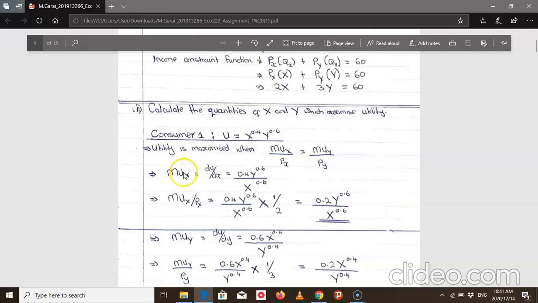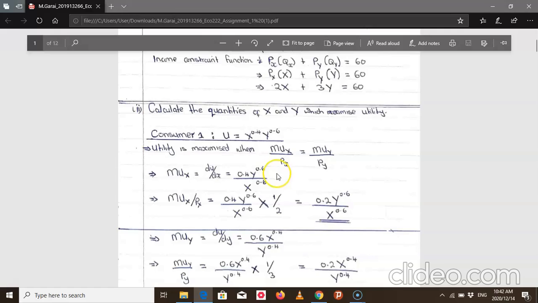We differentiate the utility of the first consumer with respect to X, and then we divide by the price. After we differentiate, the first derivative gives 0.4 y to the power 0.6 over x to the power 0.6. Don't be confused with my over thing.